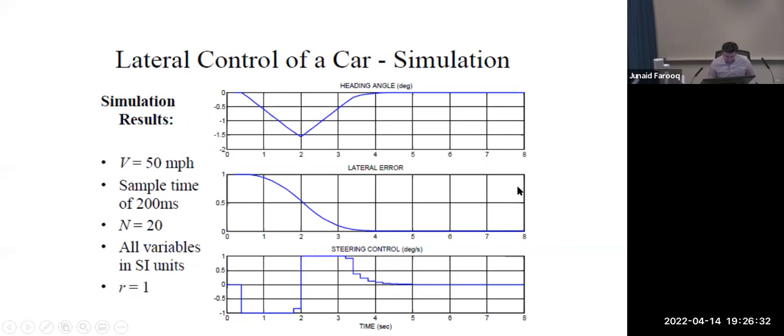So here is the solution. Over time, the steering control is what we are doing, right? So this is the input, basically the main result of the MPC controller. So MPC is telling us that at time 0, don't do anything, and then do -1 degree.